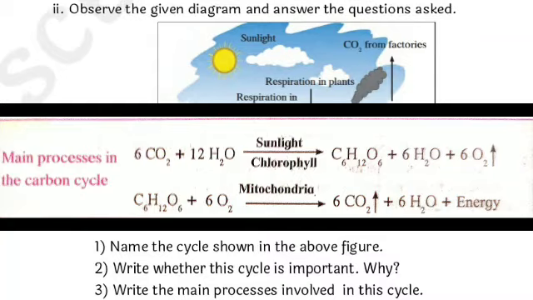There are two main processes in this cycle. First, 6CO2 + 12H2O becomes C6H12O6 + 6H2O + 6O2, and second is C6H12O6 + 6O2 becomes 6CO2 + 6H2O + energy. So friends, here our question paper ends.